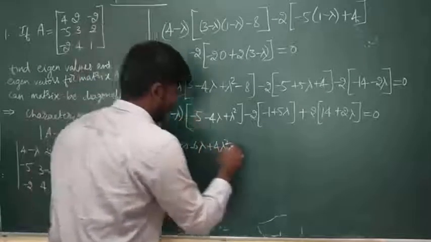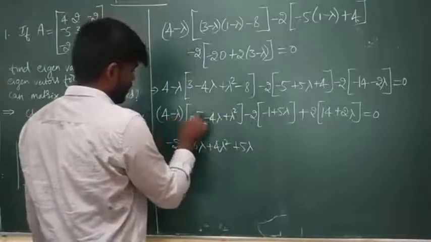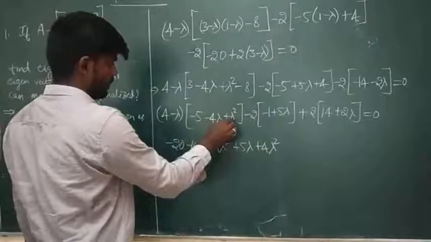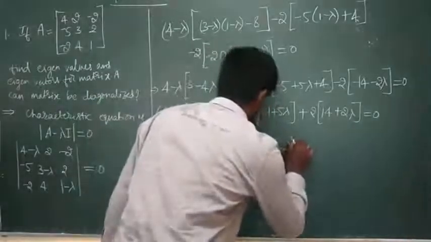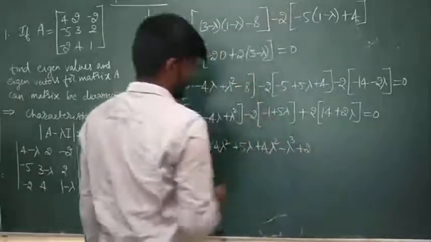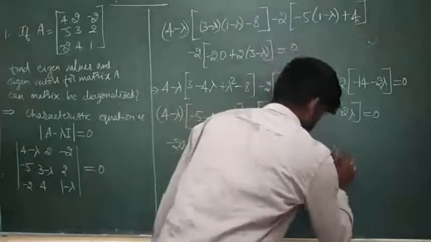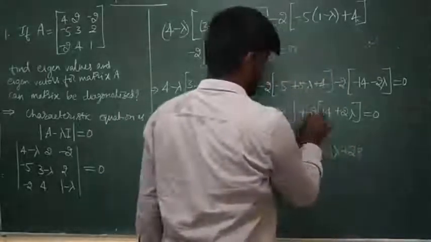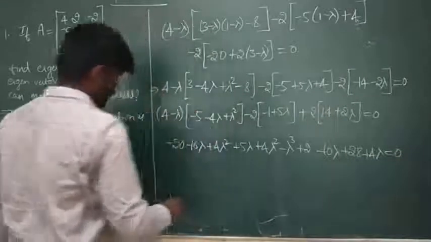Minus lambda into the bracket gives plus 5 lambda, plus 4 lambda square, minus lambda cube, and the remaining terms.